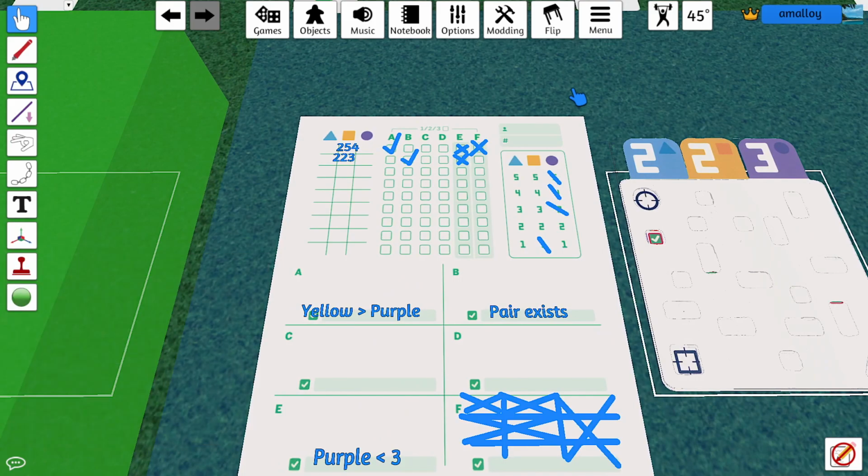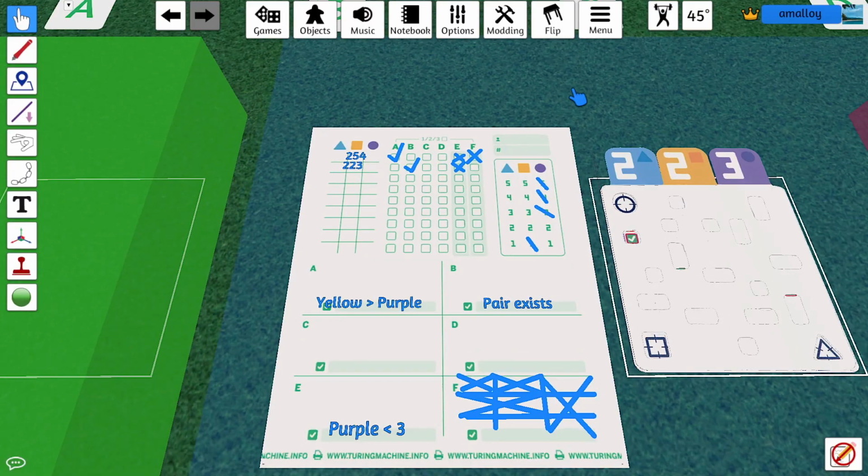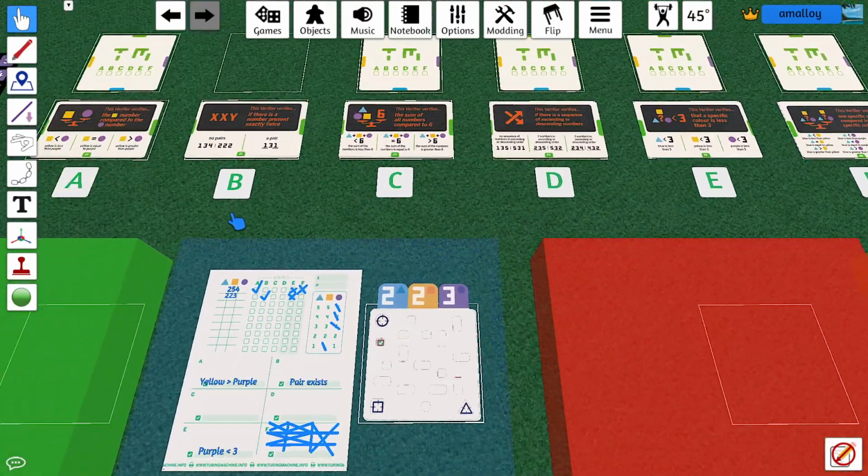Well, wait a minute. There's a pair? Really? Uh-oh. No, hang on. That seems really impactful somehow, right?